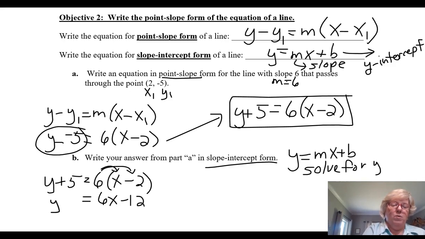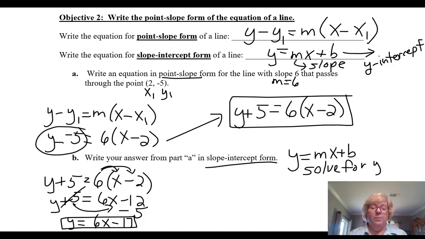That's equal to my y plus 5. I can move over my 5, and it becomes a negative. And that will give me y equals 6x minus 17. So that would be my final answer in slope-intercept form.